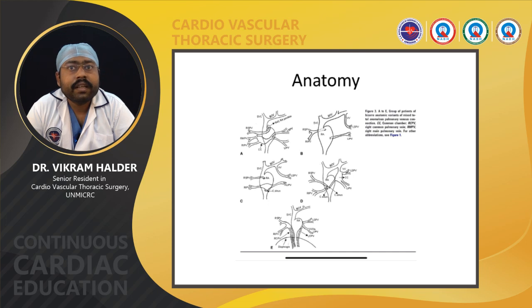In another type, the right superior, right inferior and left inferior pulmonary veins are draining into the coronary sinus, and the left superior pulmonary vein is draining into the left innominate vein, and they are connected with a common chamber. In this type, the right superior and inferior pulmonary veins are draining into an intracardiac connection through the IVC, and the left superior and left inferior veins are connecting to the RA.